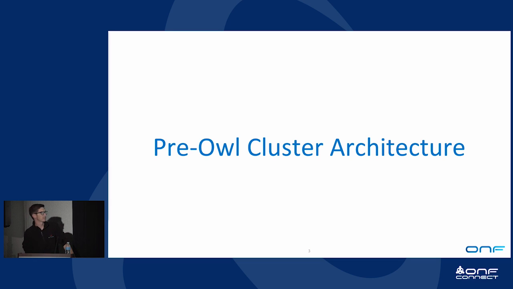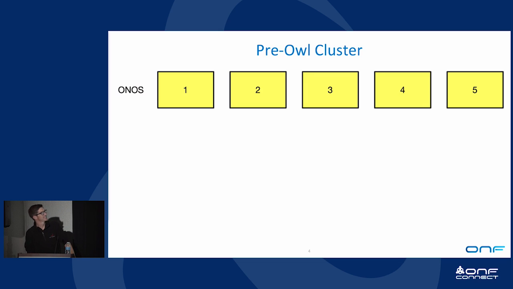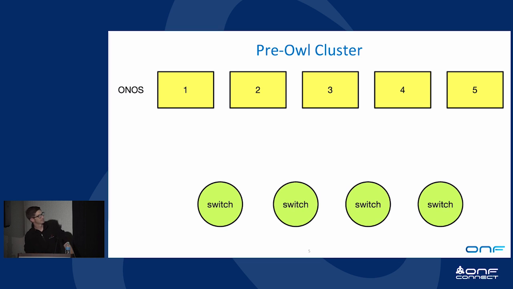So the OWL is the name of the 1.14 release. Prior to the 1.14 release, the ONOS cluster looks something like this. You have some set of nodes, and switches connect to them.